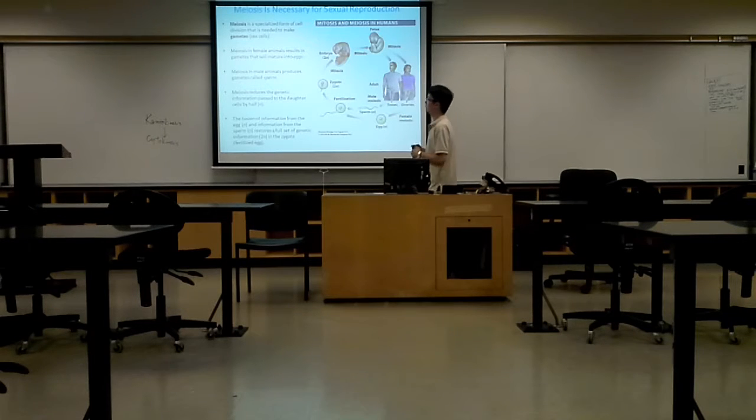Now we give you an overview of meiosis. Meiosis is a specialized form of cell division that makes gametes. Gametes basically means sex cells. Of course, we know that they are the sperm and eggs.